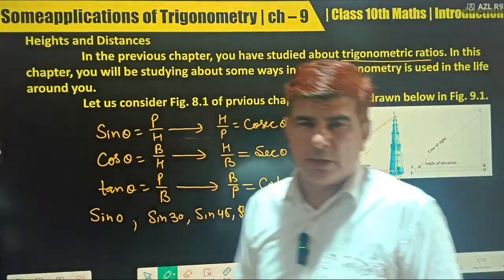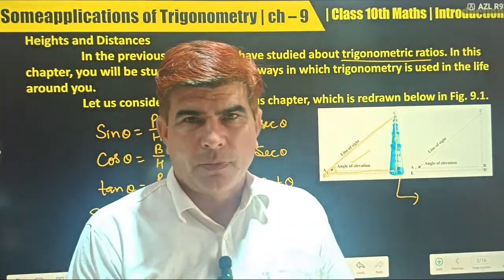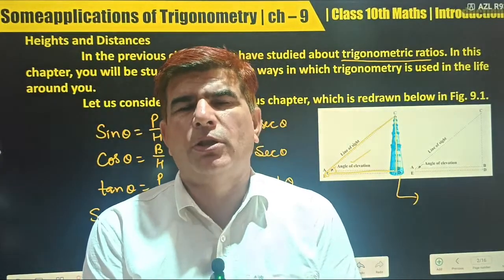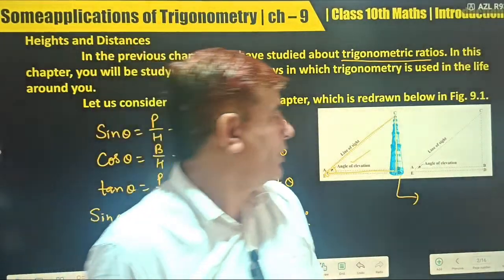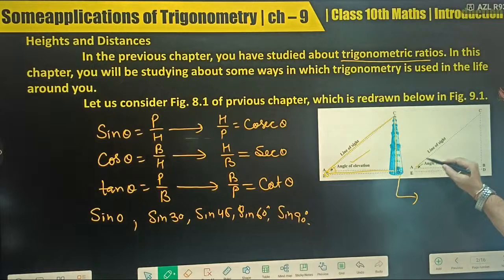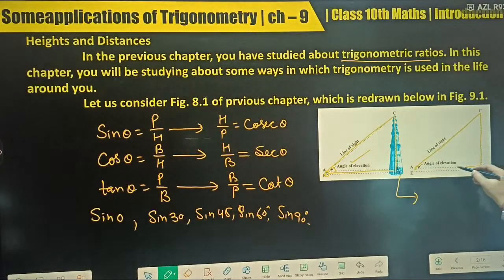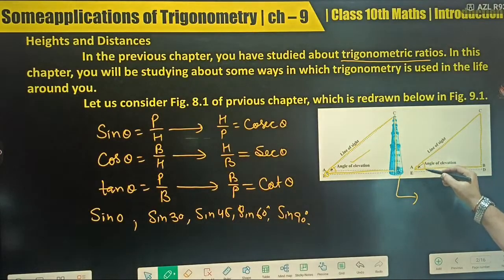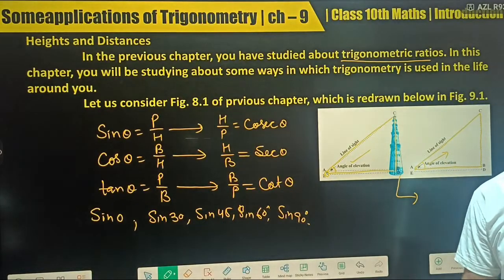If someone is standing on the ground and looking upward, and one angle is formed, that angle is known as the angle of elevation. Someone standing here, looking here, this is B. This angle is formed.